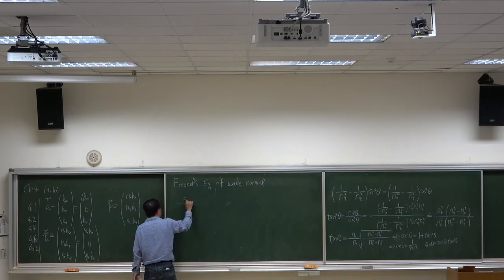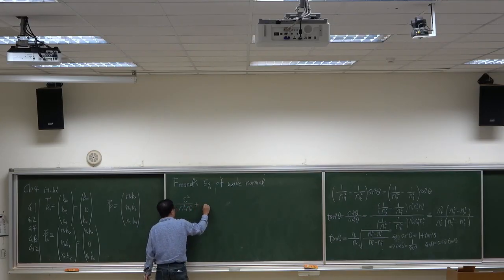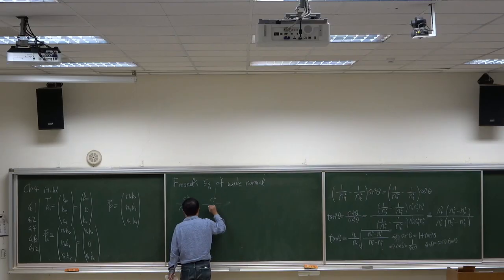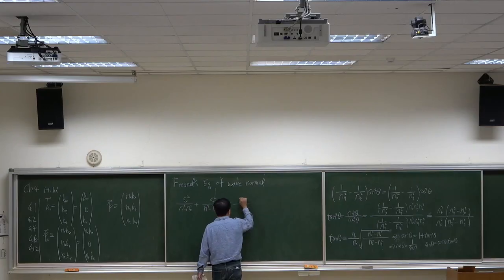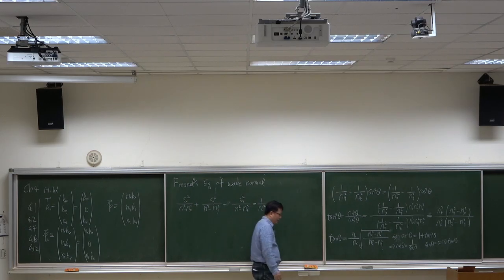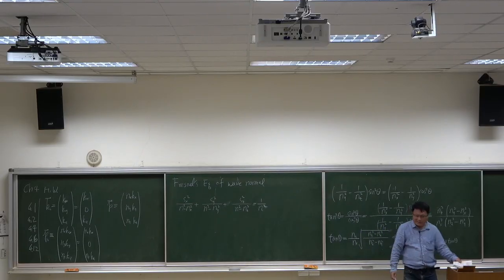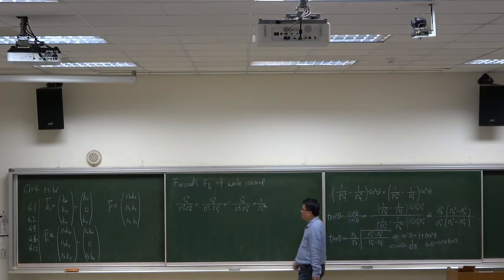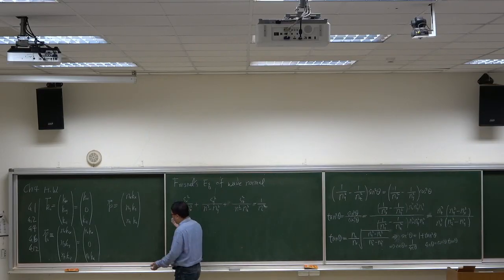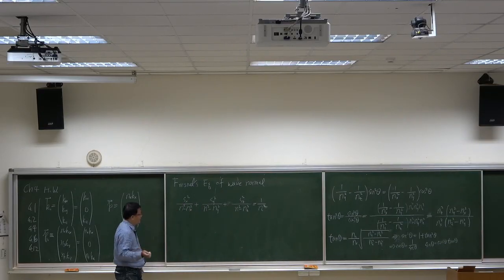Originally, it is written as sx squared over n squared minus nx squared plus sy squared over n squared minus ny squared plus sz squared over n squared minus nz squared equal to 1 over n squared. Okay. Here, sx, sy, and sz are the three components of the unit vector along the propagation direction of the phase, along the direction of k.